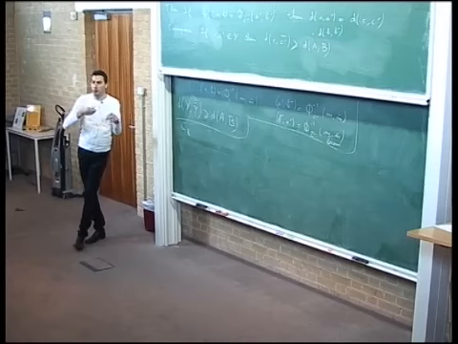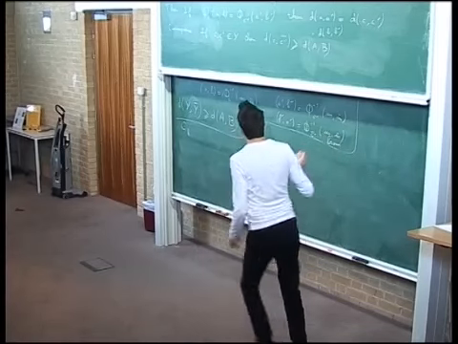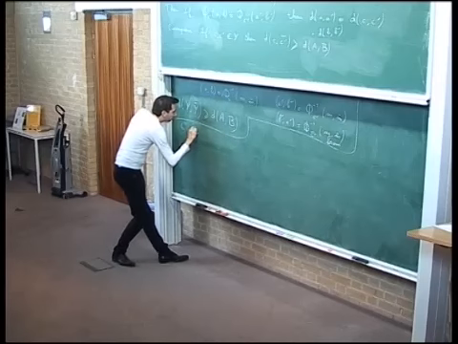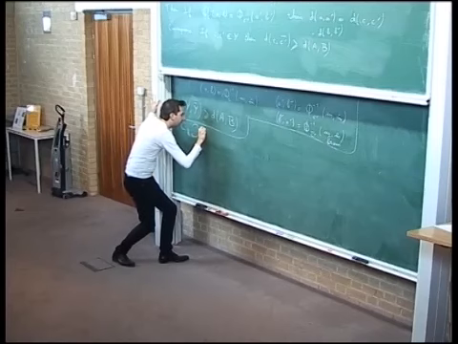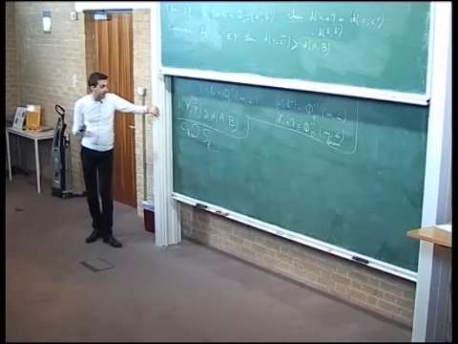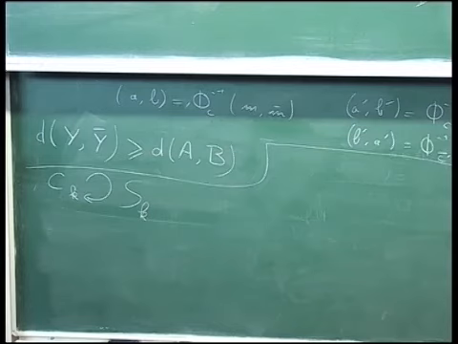You just permute the elements of 1k. So the symmetric group acts on CK in the obvious way. Now, this action is very nice.